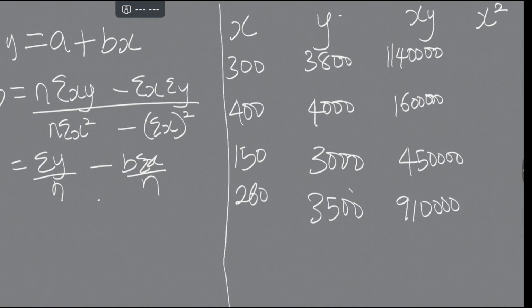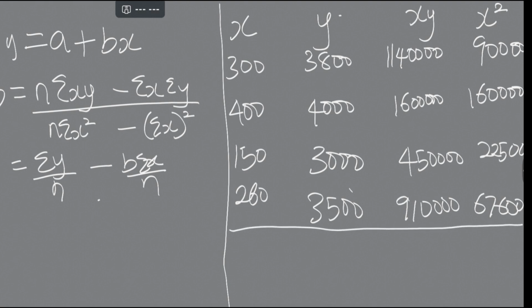We are getting x squared now. 300 squared is 90,000, 400 squared is 160,000, right? 150 squared is 22,500, and 260 squared is 67,600. Okay, so now we have to get the total of each of them.